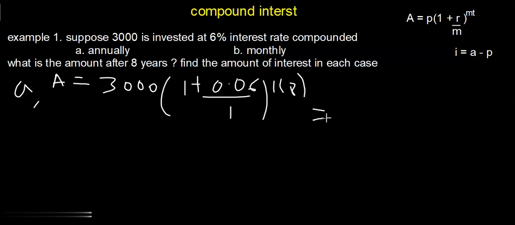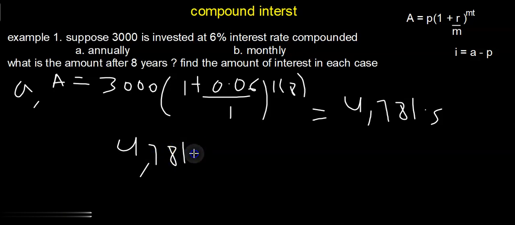When you do the whole calculation, you're going to get 4,781.5. This is not my answer though. I'm not done. I have to subtract 3,000 from 4,781.5.